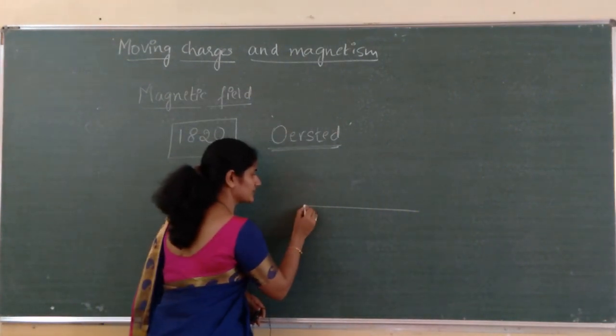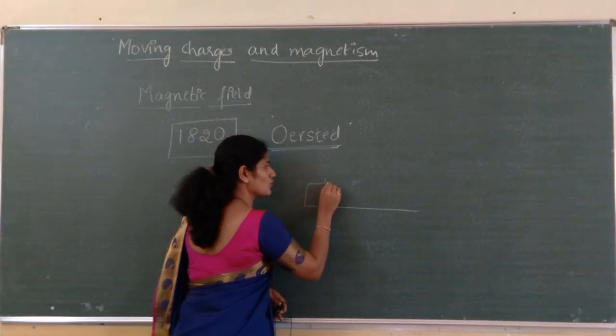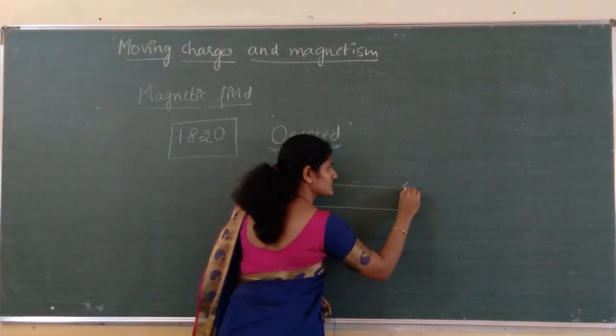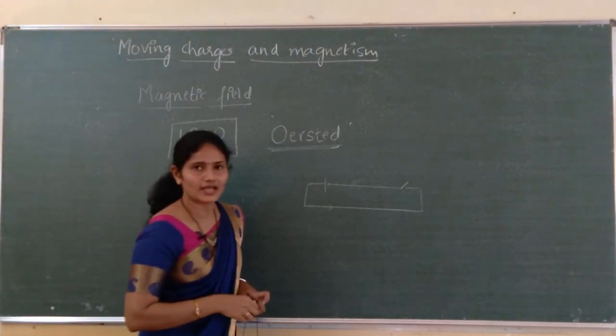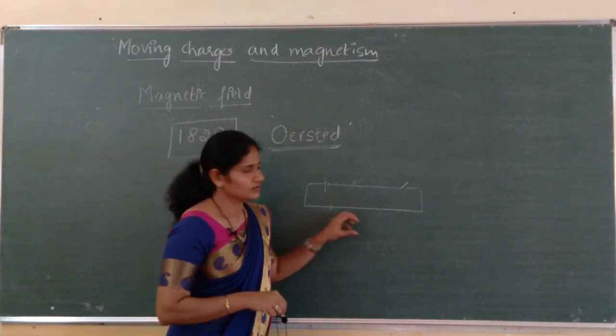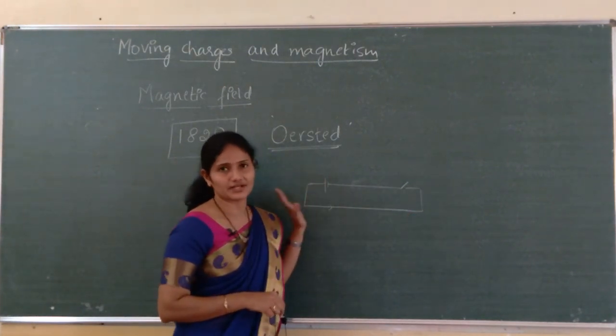He had one conductor connected to the main power supply, and he was passing current through the conductor and observing something with this apparatus.